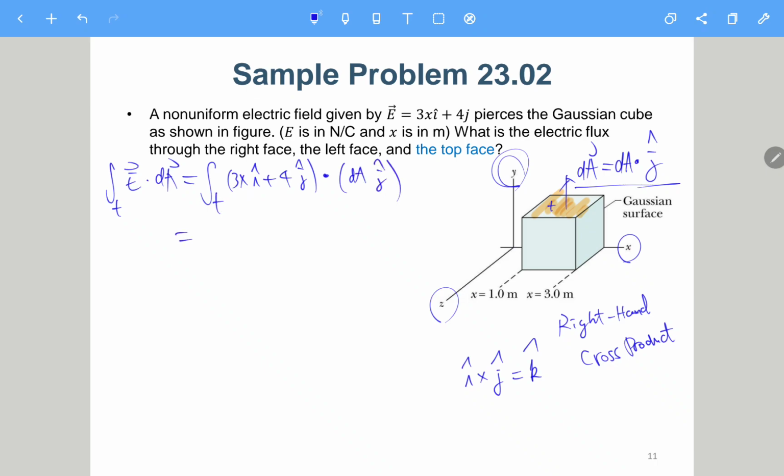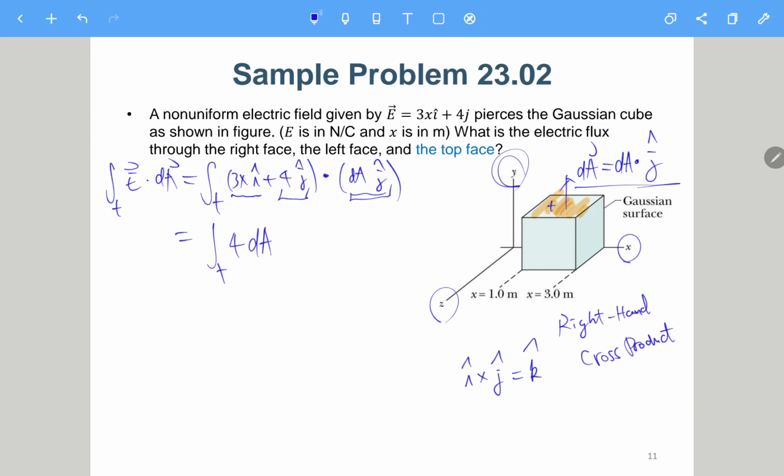We distribute this one: 3x dA j hat. I hat dot j hat will be 0, so the first term will be 0. And then for the second term, 4j hat and dA j hat. J hat dot j hat will be 1, so we have 4 dA for the second term.